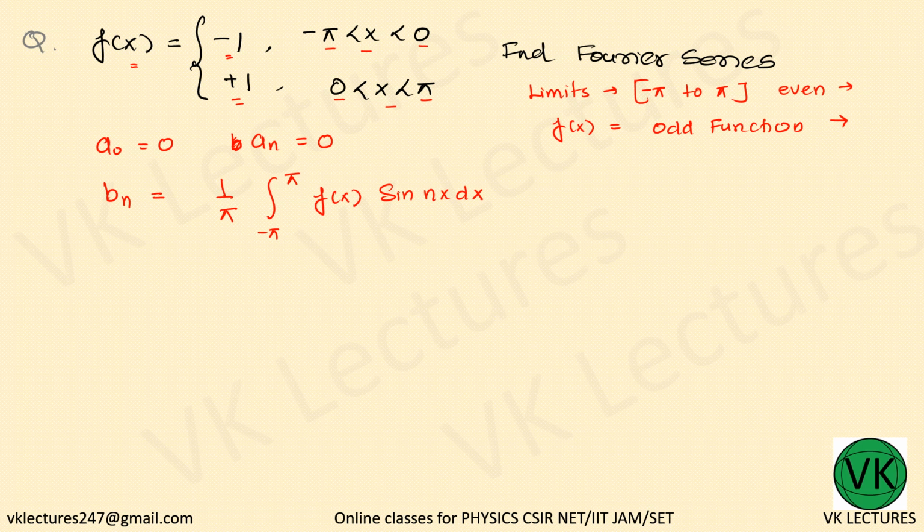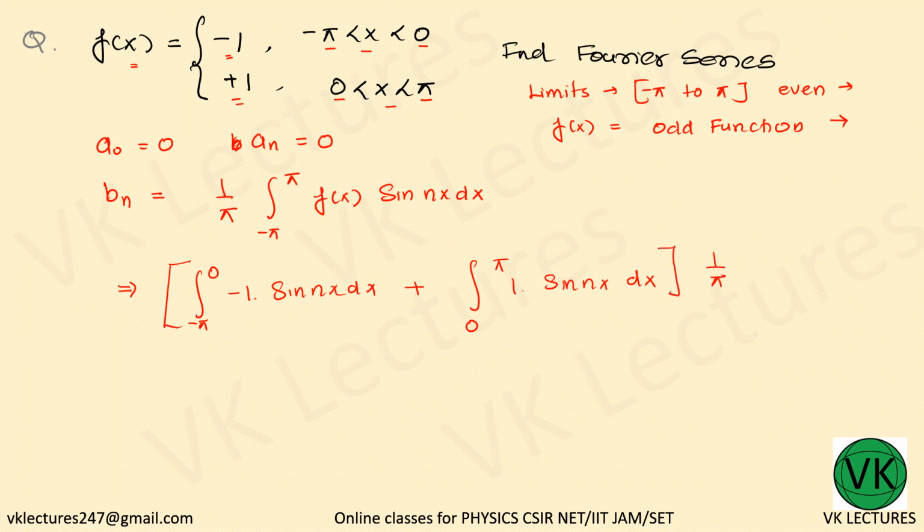Fine. Now let's split this integral. So integral from minus pi to 0, f of x is minus 1 times sine nx dx, plus integral from 0 to pi, the value is 1 times sine nx dx, and this is everything within the bracket multiplied by 1 by pi.